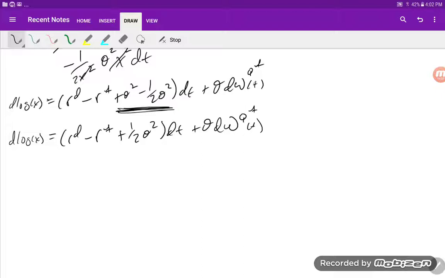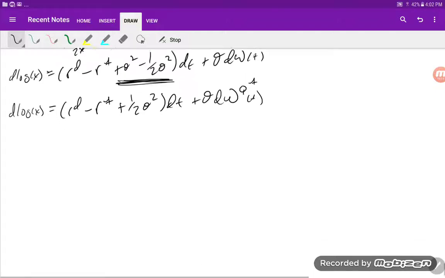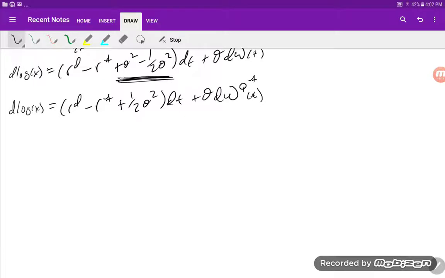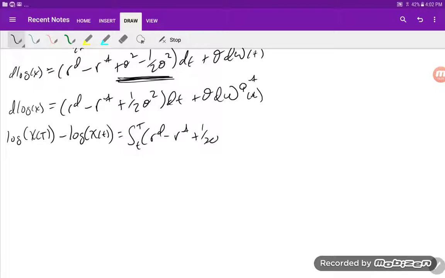Again, we're going to integrate with respect to t, and remember we are between time little t and time big T, so we have log x at time big T minus our initial x at little t equals the integral from t to T of rd minus rf plus 1/2 sigma squared dt plus the integral from t to T of sigma dW^QF.